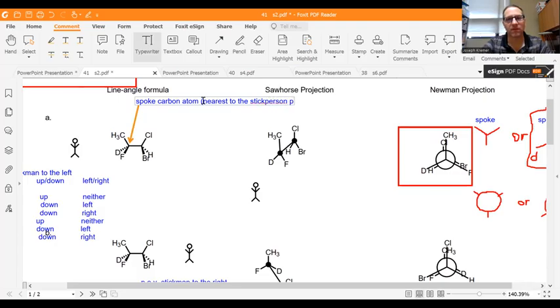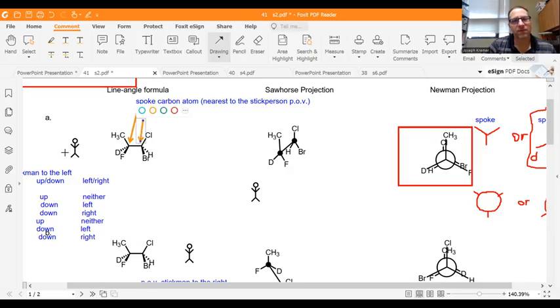Point of view. Not to be forgotten, the carbon atom furthest away from the stick person's head, more distant from the stick person's head, is called the sphere carbon. These aren't words I came up with.